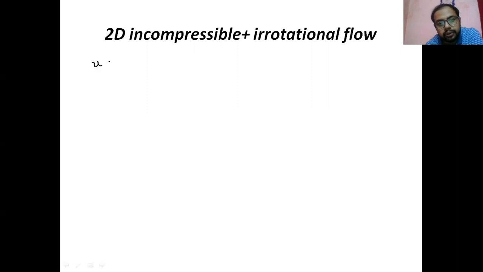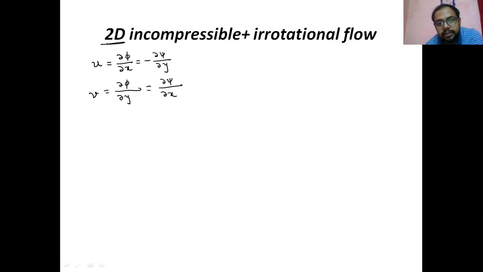So u is del phi by del x, equal to del psi by del y. As it is incompressible, psi exists. As it is irrotational, phi exists. Similarly, v is equal to del phi by del y, and that is equal to minus del psi by del x.